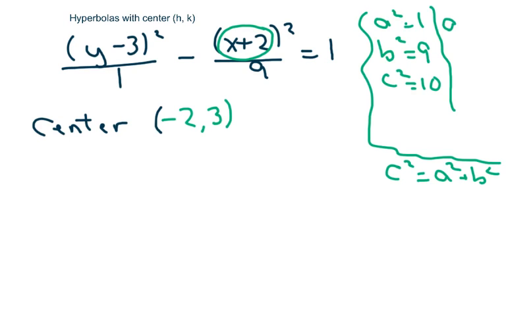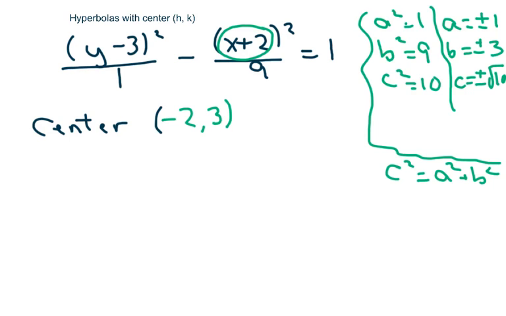Therefore, my a is plus or minus 1, my b equals plus or minus 3, and my c equals plus or minus square root of 10, which is really close to 3, a little bigger than 3.